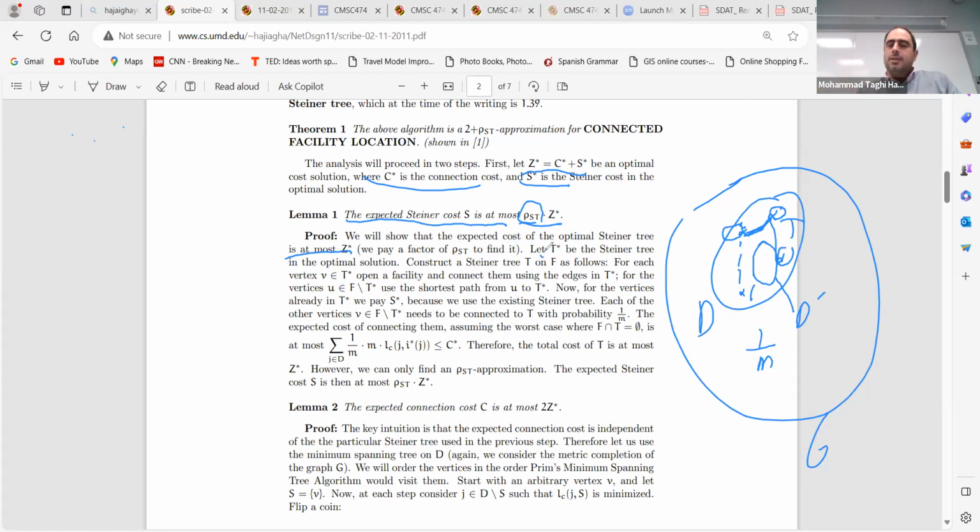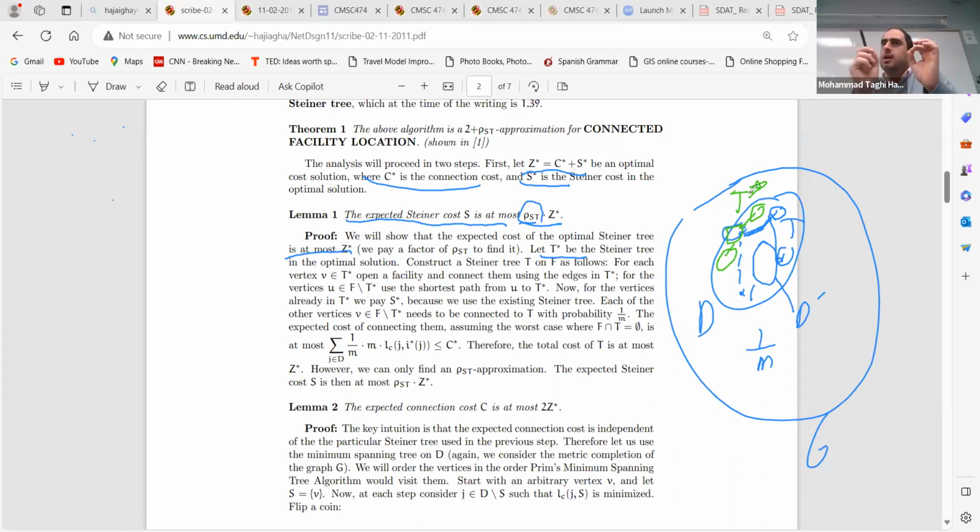Let T star be the Steiner tree in the optimum solution. So T star is opening some of these guys. These are in the optimum, and this is the Steiner tree that connects them.